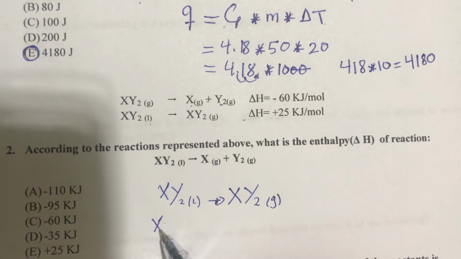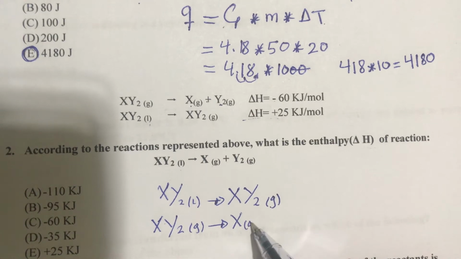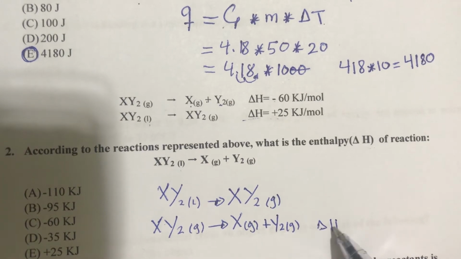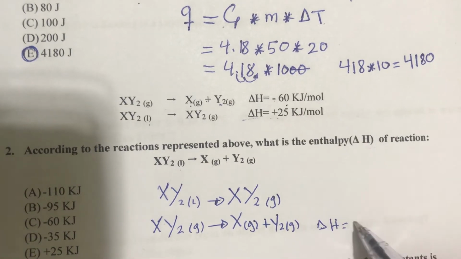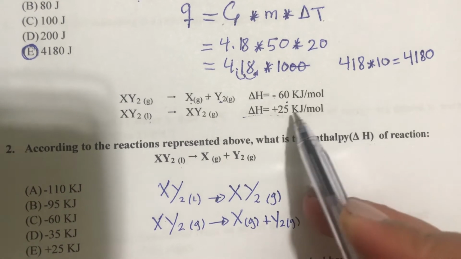So XY2 gas produces X plus Y2 gas. Here delta H for this reaction is minus 60, and here delta H is 25.